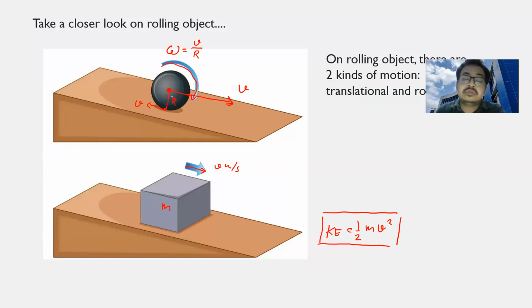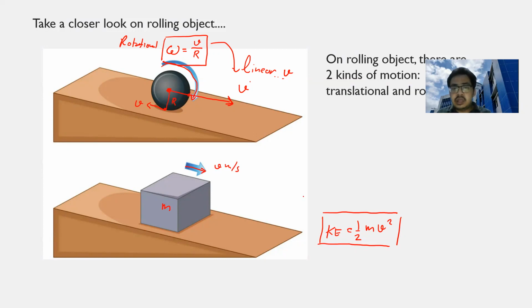So we have the linear velocity of the ball, and we also have the rotational velocity of the ball, which can be decomposed into this, where v is the same v, and r is the radius of the object, here the ball.